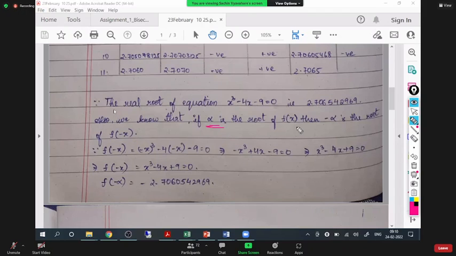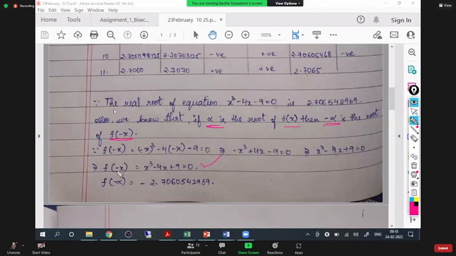So this is the property we are using to get the root of the other equation. You will observe that the other equation is just f of minus x. If you replace x with minus x, what is the second equation we are given? That is f of minus x.